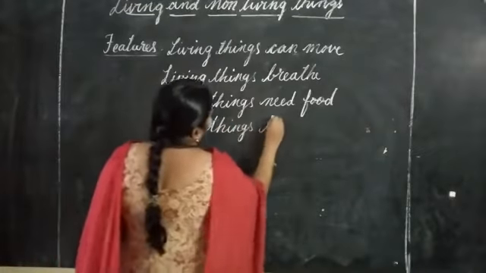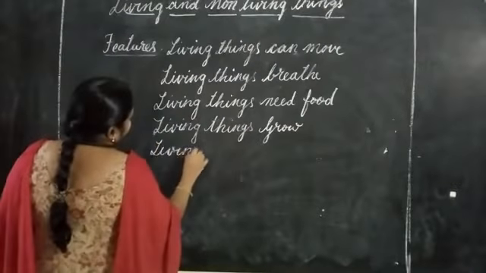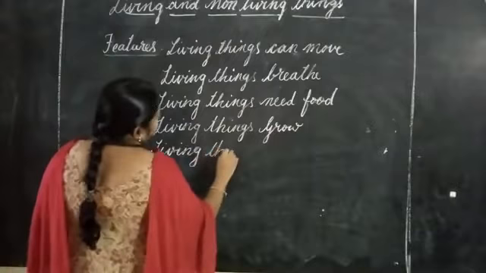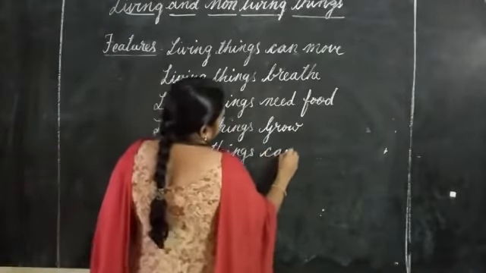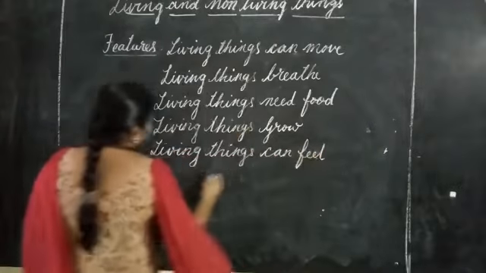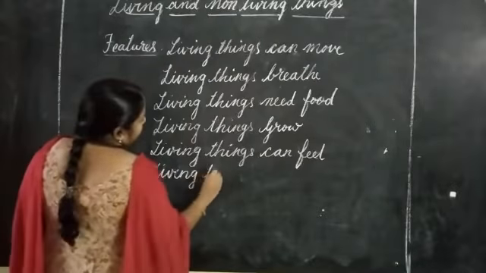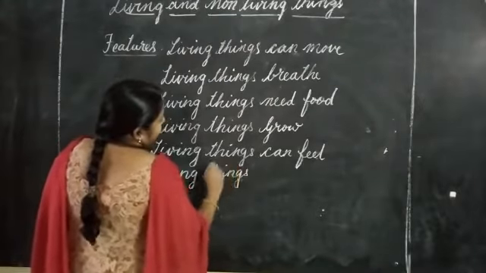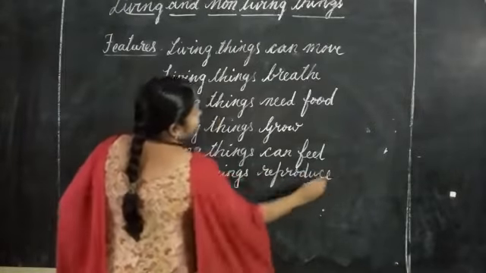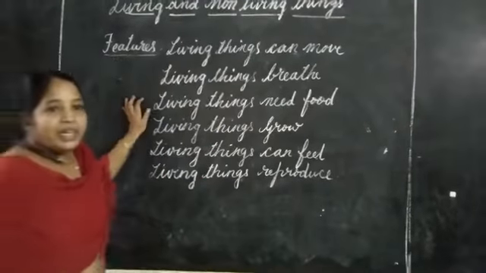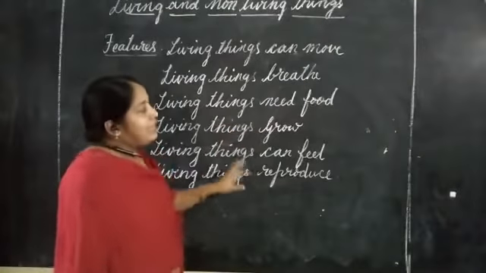Living things grow. Living things can feel. Living things reproduce. So these are the different features a living being can show, whereas non-living beings cannot perform. Let us see one by one.